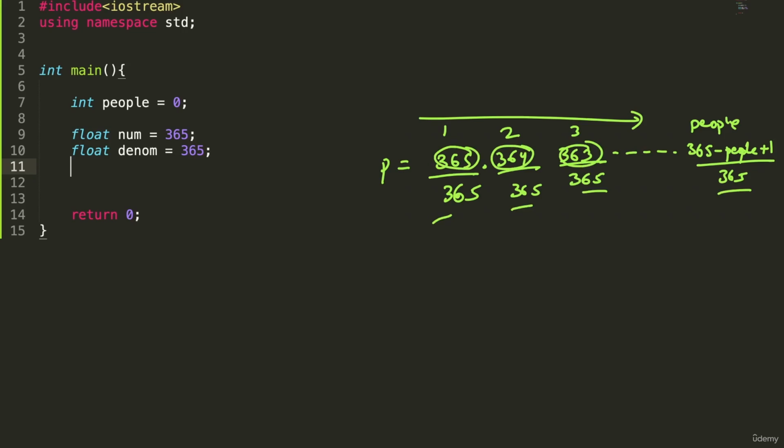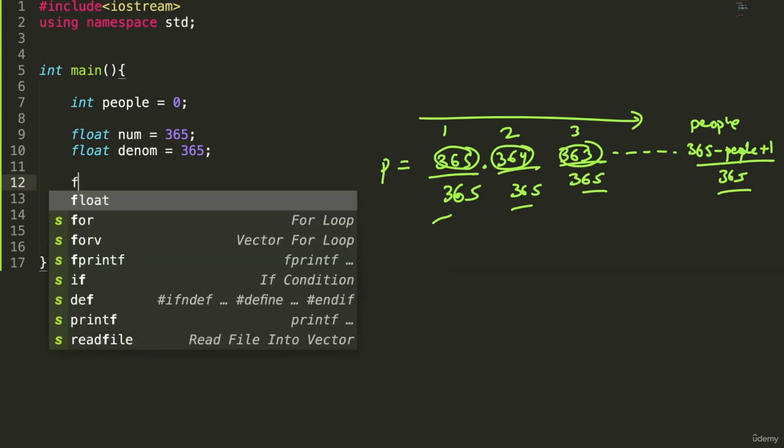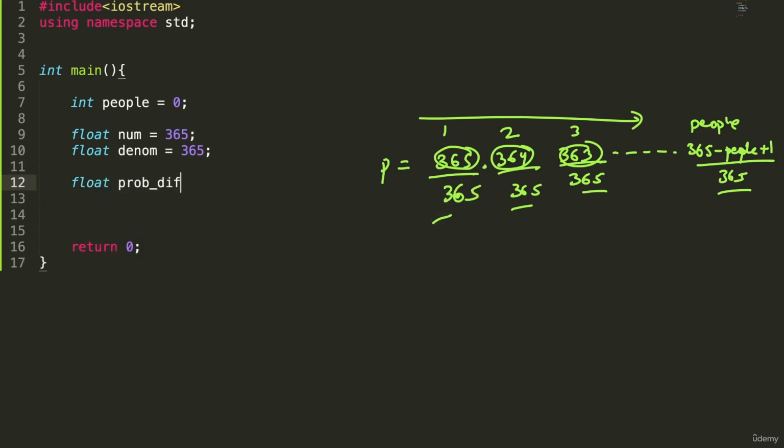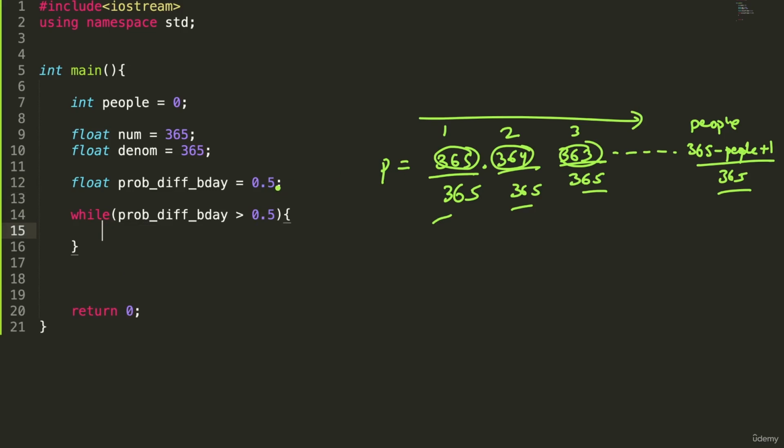Let me also write the probability of having different birthday. I can say while the probability of having different birthday is greater than 0.5, and this is initially 1, because let's say there is one person in the hall.